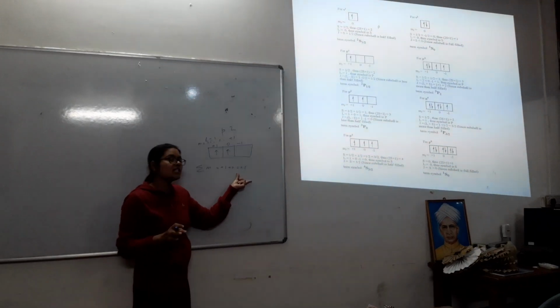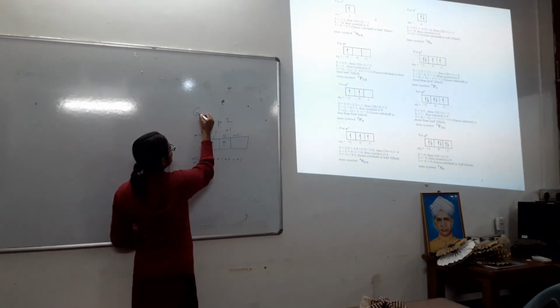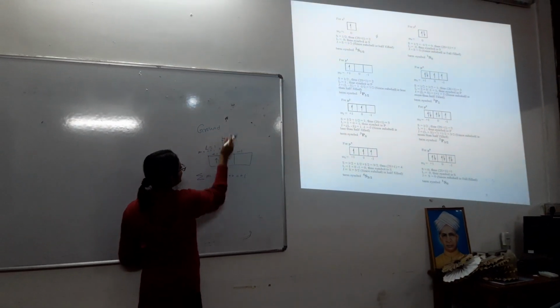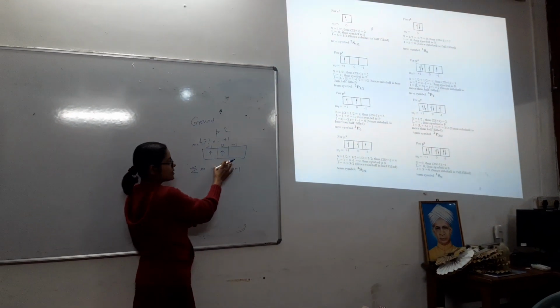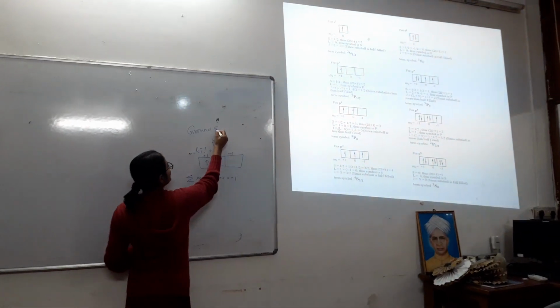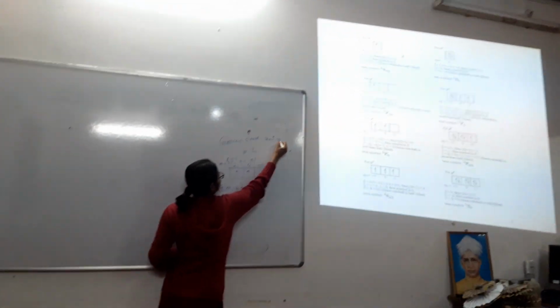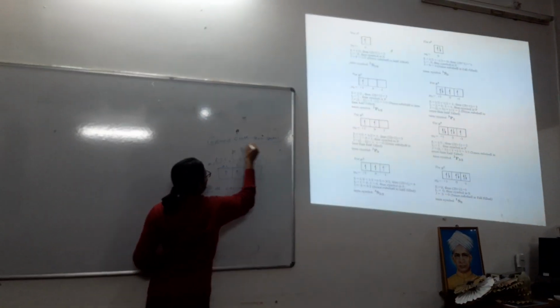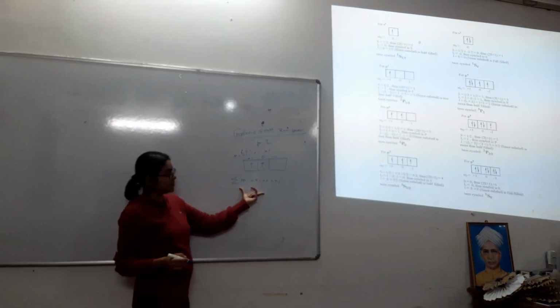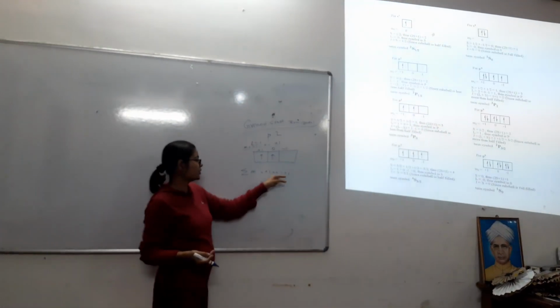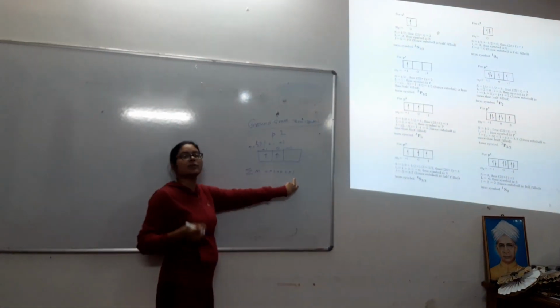We are going to find out the ground state term symbol, because it is the ground state, not the excited state. Now the symbol depends on this summation of magnetic quantum number values.